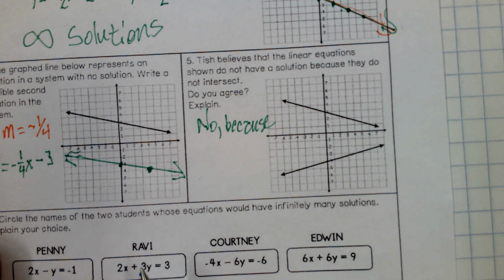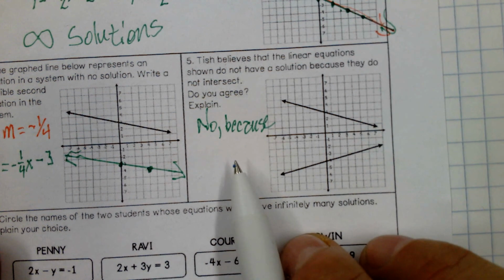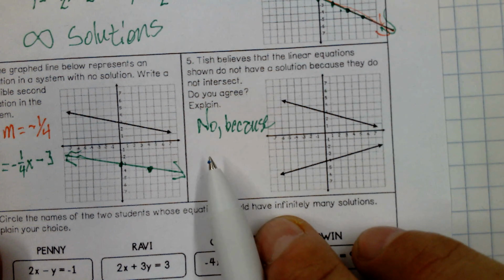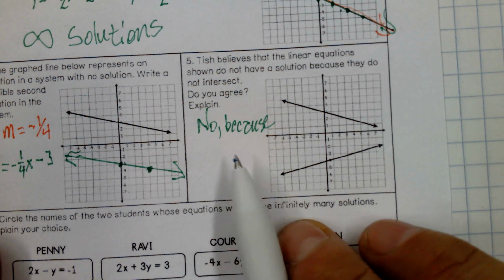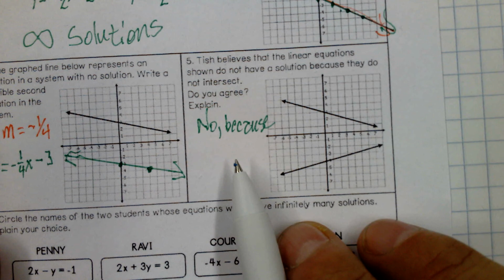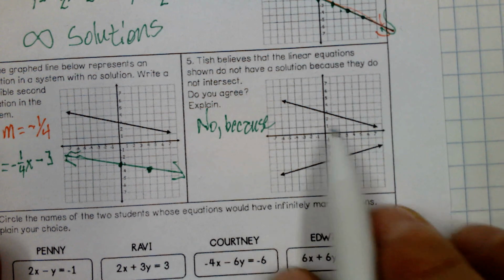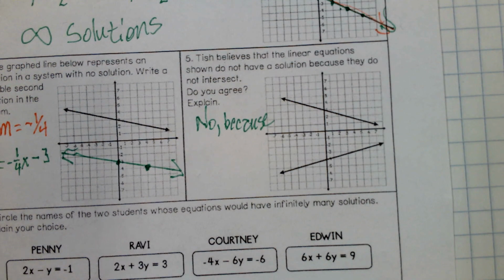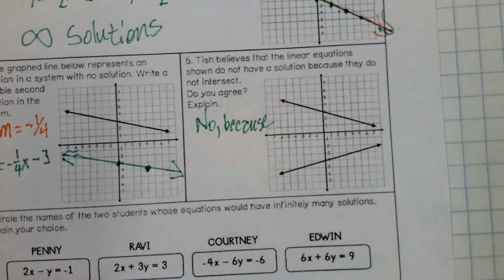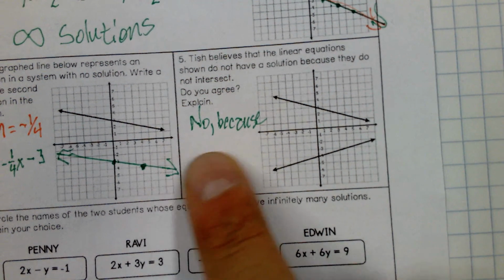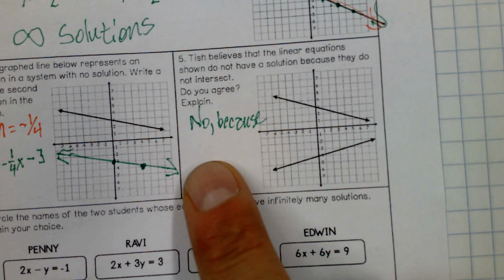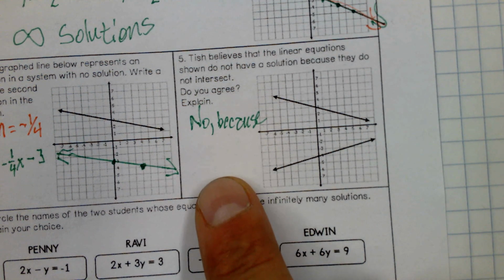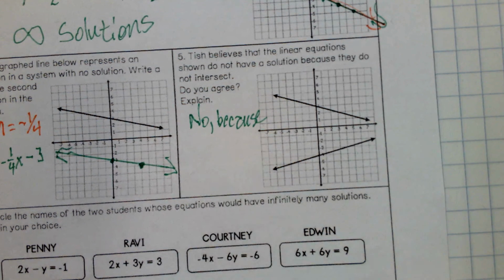Yes. In order for them to be no solutions, we need parallel lines, so the slopes would have to be different, which they are. One's positive, one's negative. So either one. Eventually, if you extend the lines, they are going to meet. Or in order to have a no solution, you need parallel lines which have the same slope, but these do not.